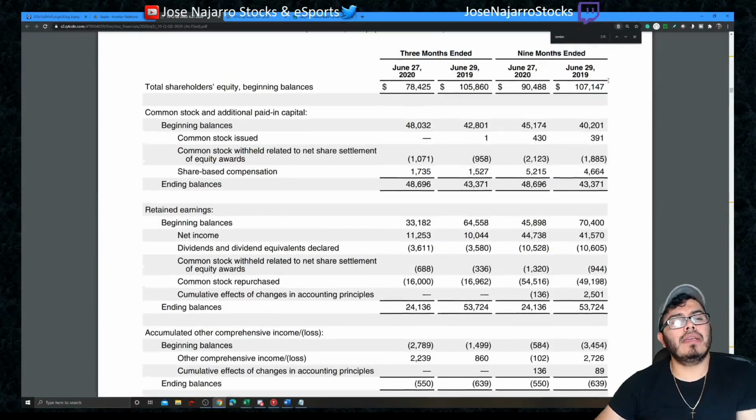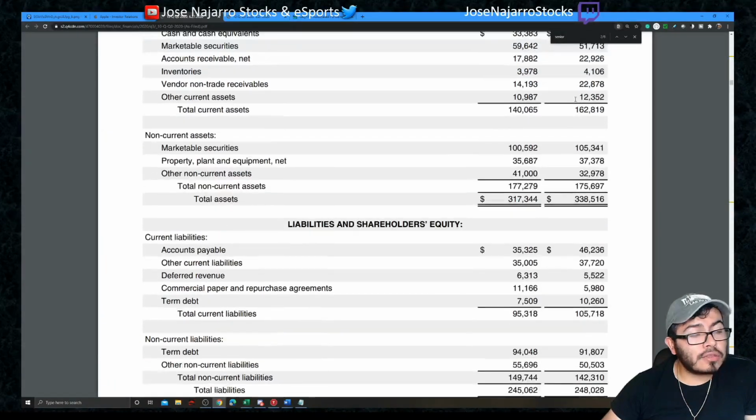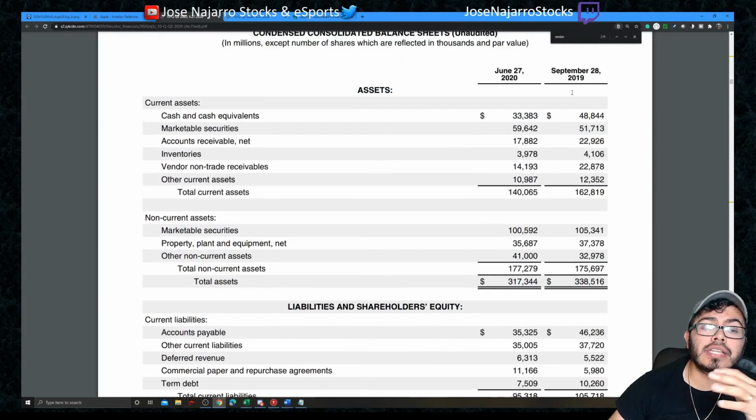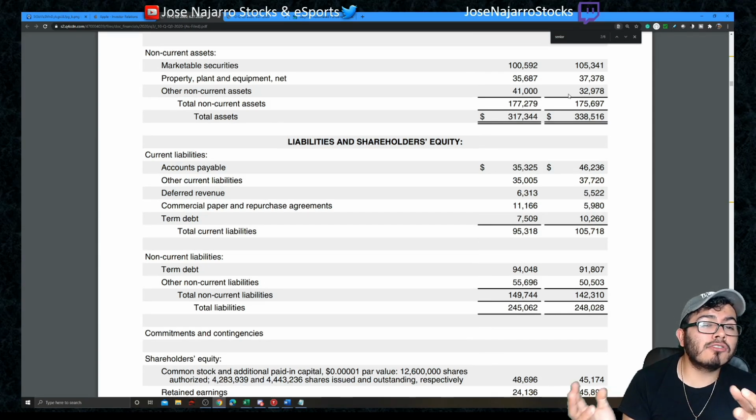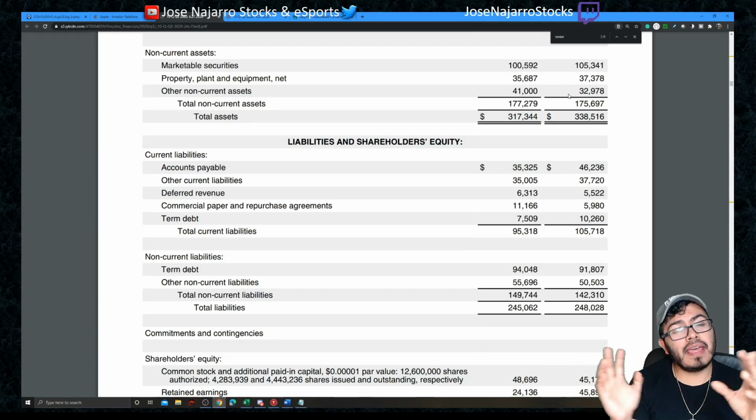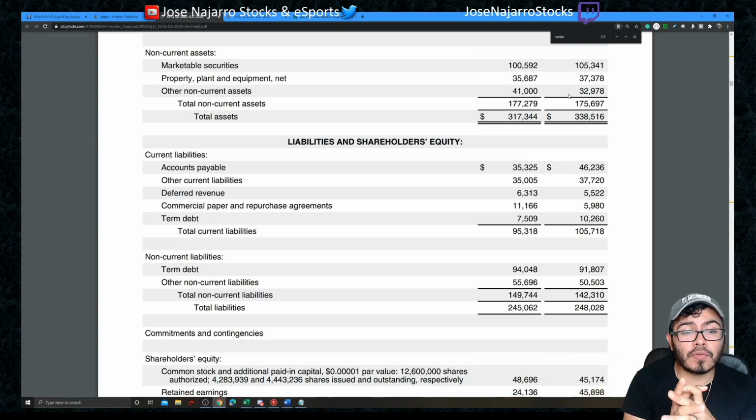But then if you see, wait, it's $300,000 due in 30 years, now you understand, okay, it's not that bad of a thing. But if you have $300,000 due in the next 2 years and you only have $20,000 in cash, then there are some red flags.